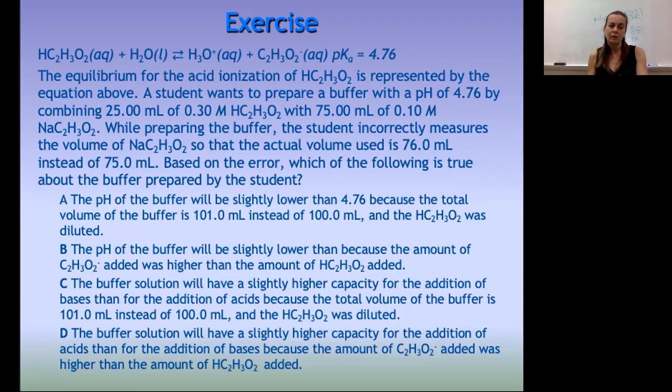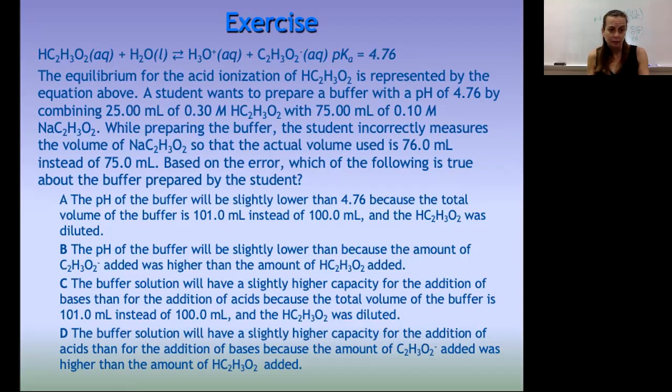So what do we know? We know that we're going to have more base than we should have had. So that means that the pH of the buffer is going to be just a little tiny bit higher, because we're going to be taking a log of a number that is more than 1 instead of a number that is 1 or less than 1. So our pH of our buffer is going to be slightly higher.